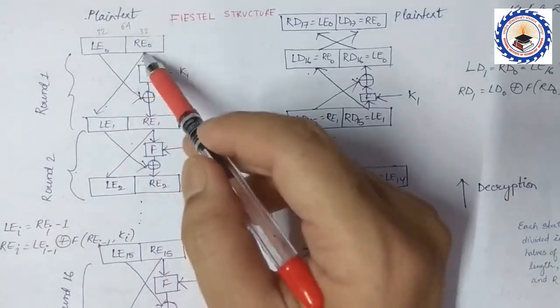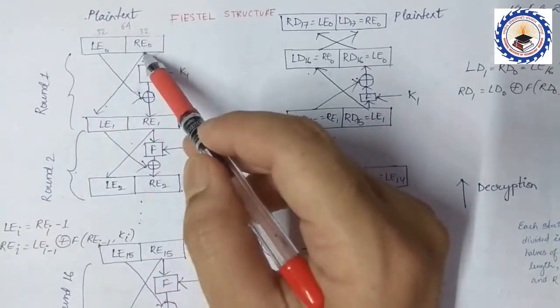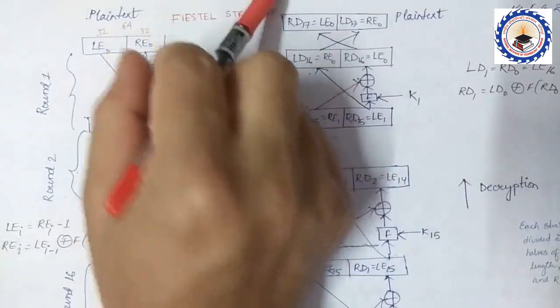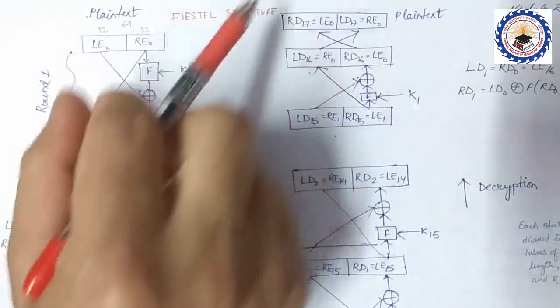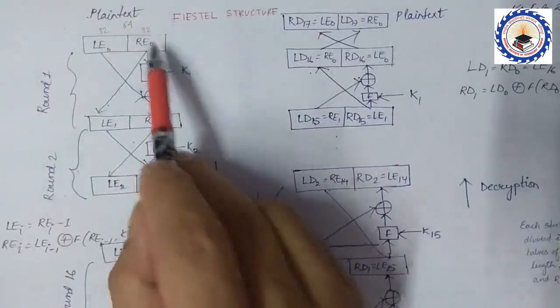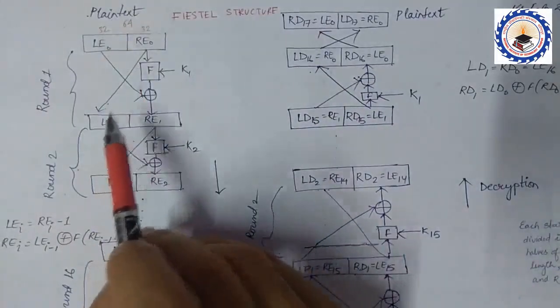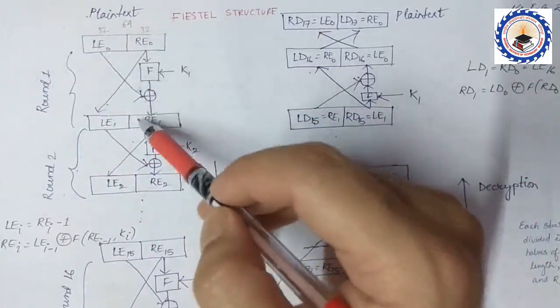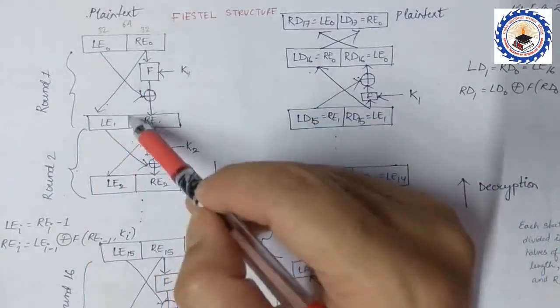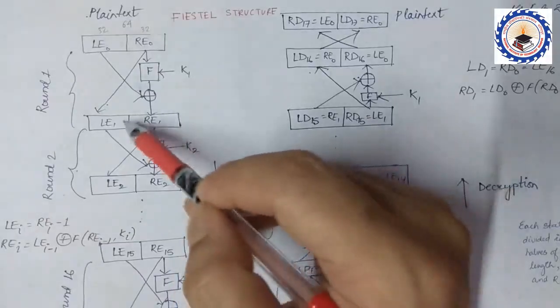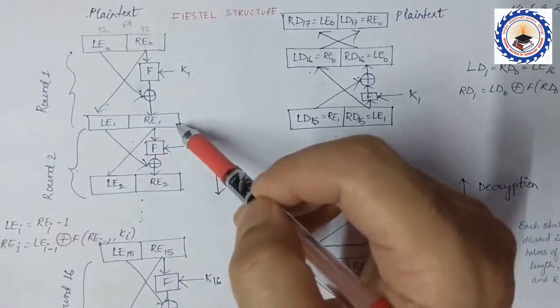This arrow mark denotes the direct shifting. We just copy and shift this block here. We have already filled the left hand side, but we have not yet filled the right hand side. So how do we fill the right hand side?